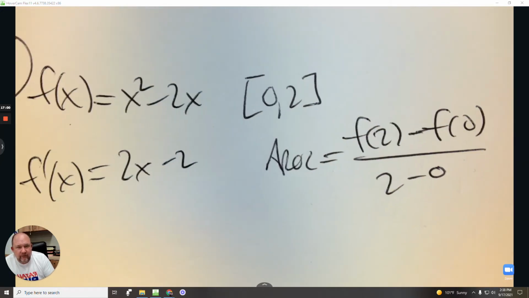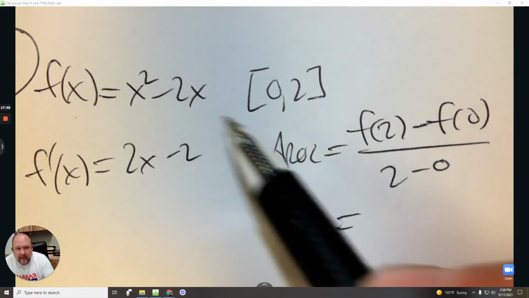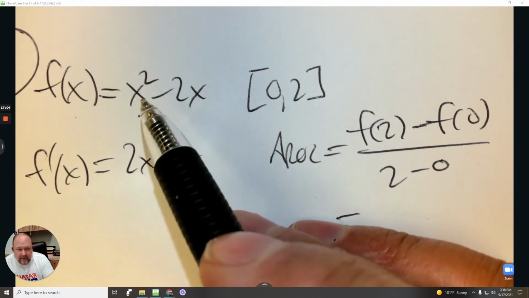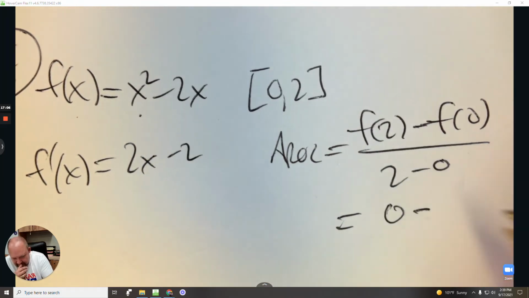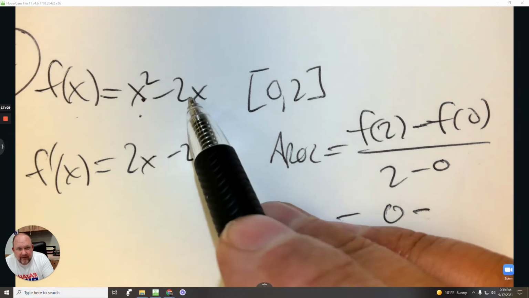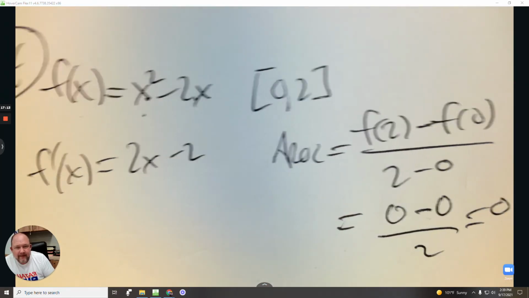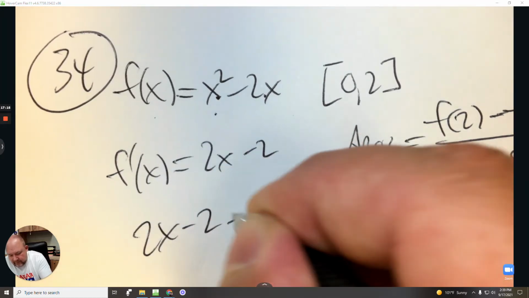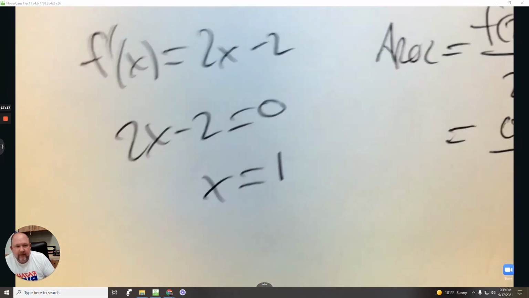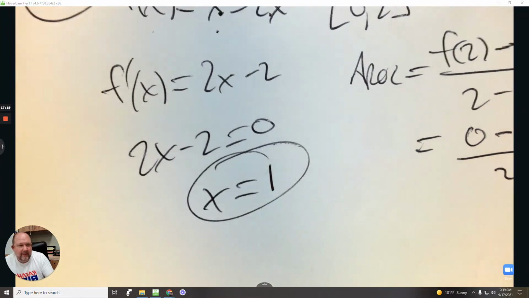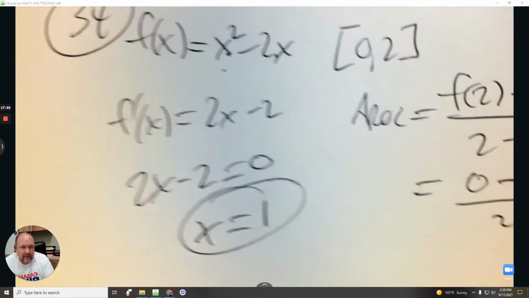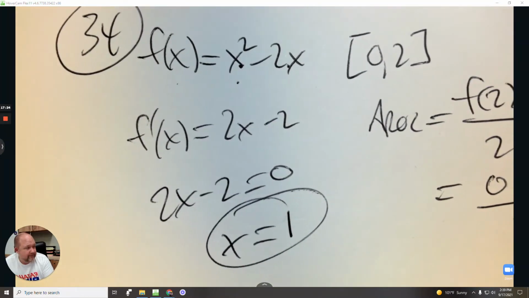So there's the average rate of change. 2 squared minus 2 times 2, that's 0. Plug in 0 and the answer is 0. So this is 0. Then take the derivative equal to 0 and then solve it. So at this value, AROC, the average rate of change, is equal to the instantaneous rate of change.